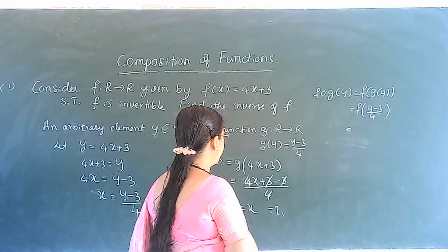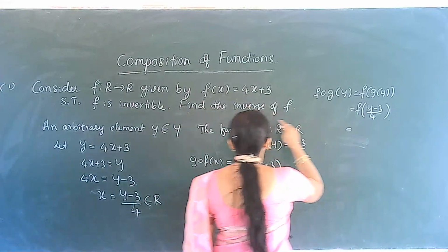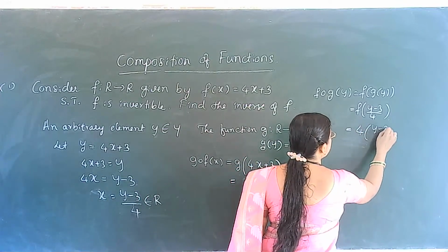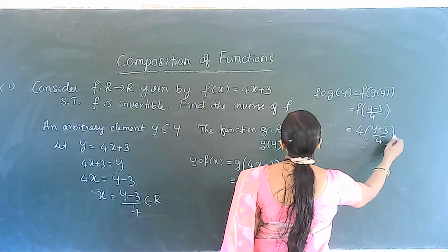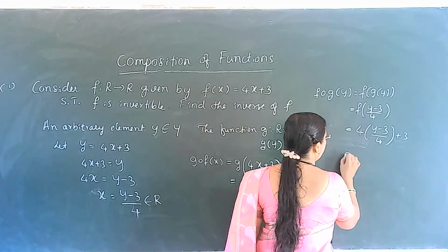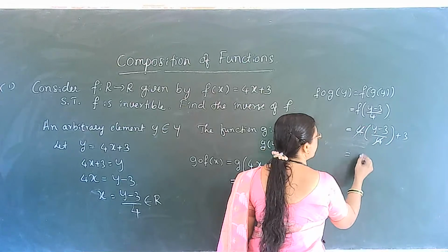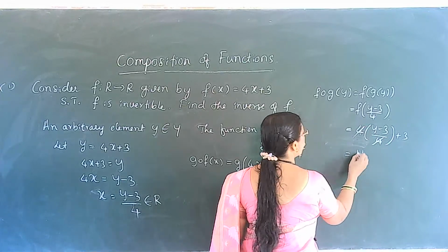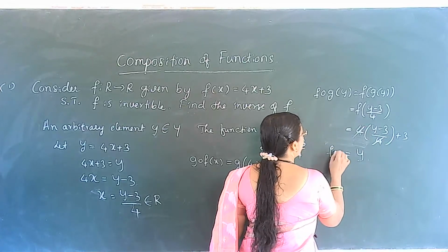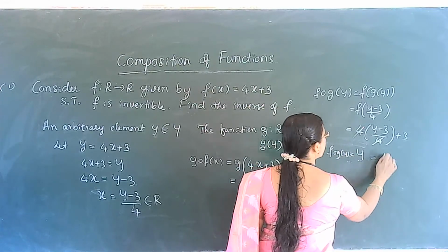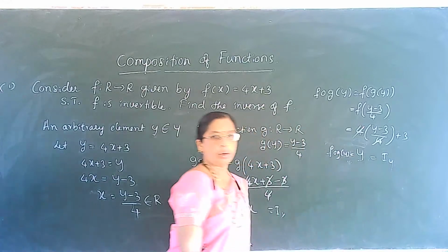Here we put the value in the x: 4 times (y minus 3 divided by 4) plus 3. Here 4 gets cancelled. y minus 3 plus 3 is equal to y.